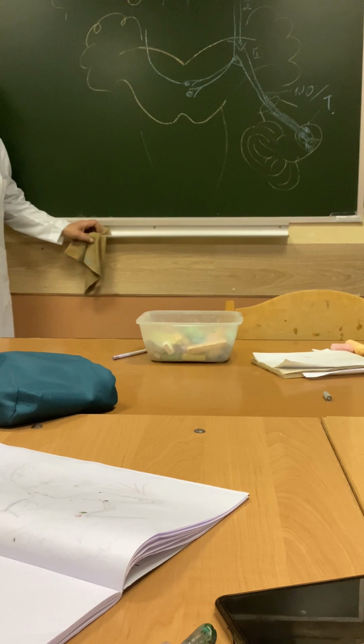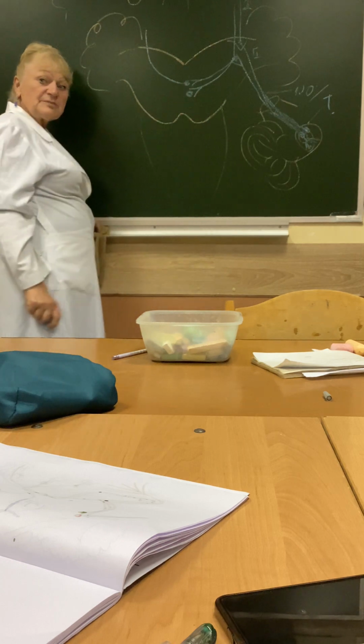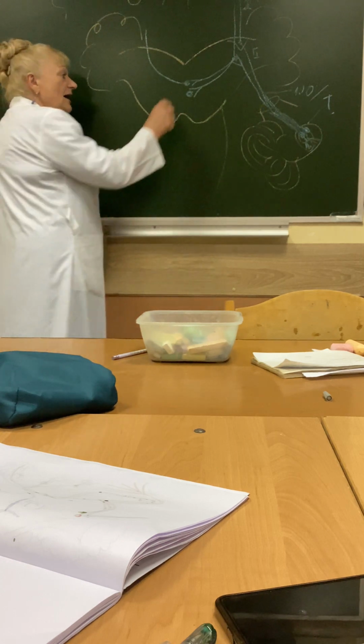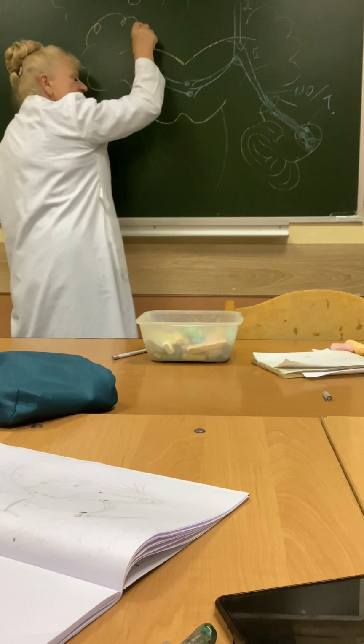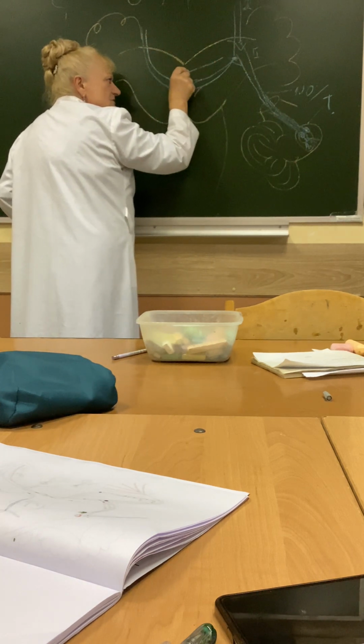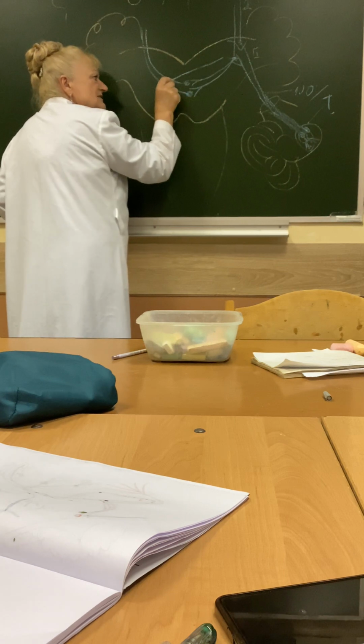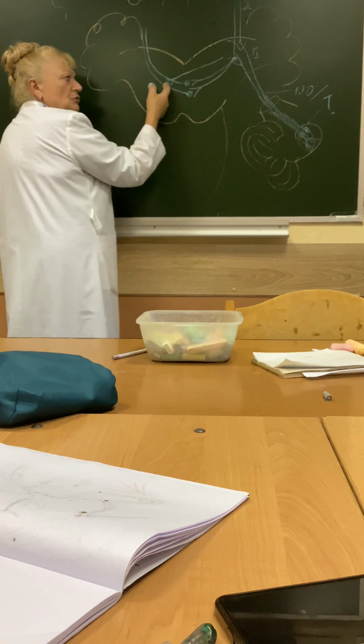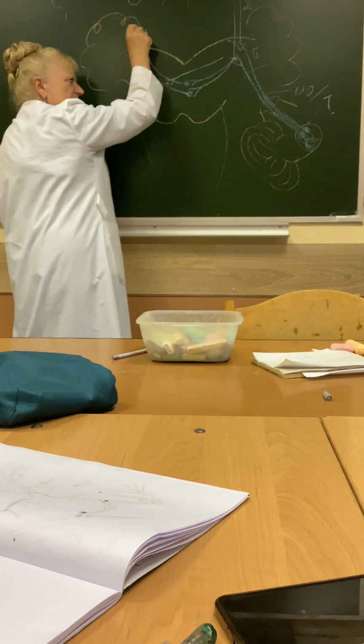From the cochlear ventral nucleus, another synapse will be with the ventral nucleus of the trapezoid body on its side. And after that, we'll go to the opposite side. From this cochlear ventral nucleus will go for the production of synapse with the dorsal nucleus of the trapezoid body on the opposite side.